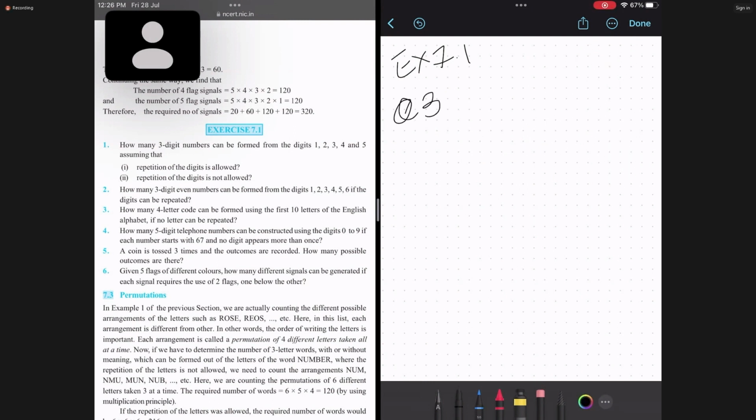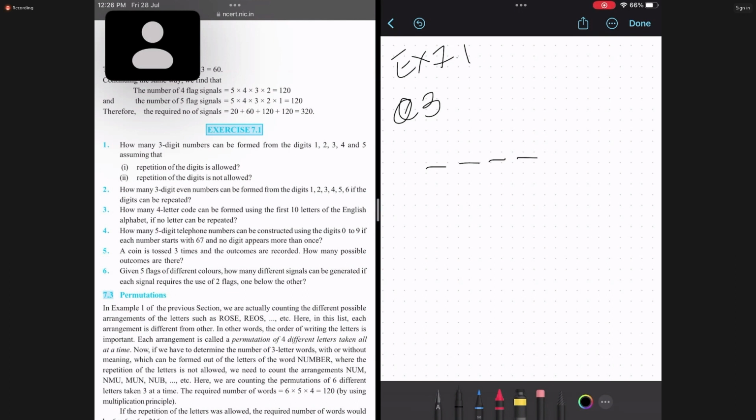We are on to question number 3. How many 4-letter codes can be formed using the first 10 letters of the English alphabet if no letter can be repeated? Correct. So the code that we are forming is 4 letters long. Whenever you approach such questions, make sure to make these blanks as I'm doing on the screen right now.